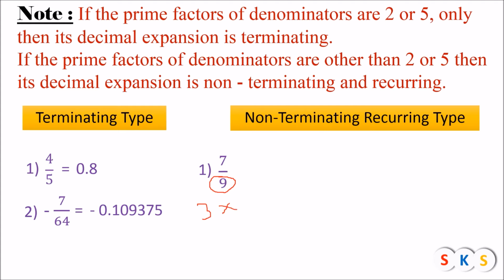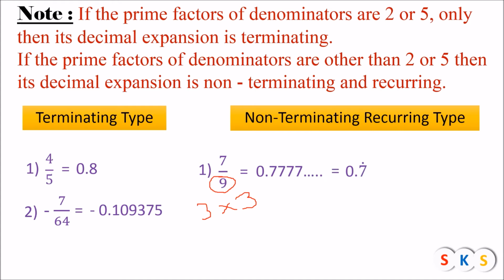We know that if the prime factor of a denominator is other than 2 or 5, then the decimal form of that rational number will be non-terminating and recurring. You can see the decimal form of this number is 0.7777, so it's non-terminating and recurring, which you can write as 0.7 with a bar.